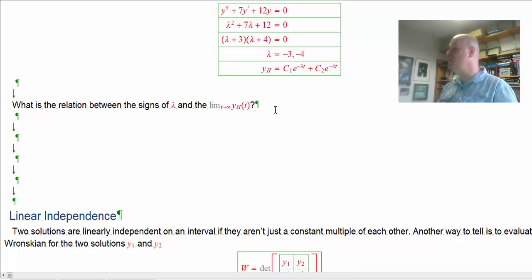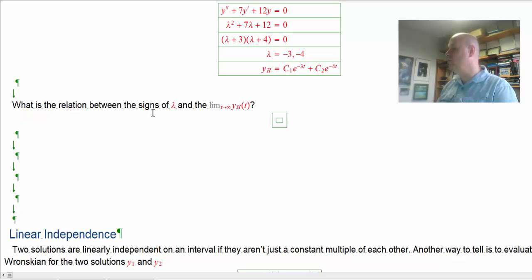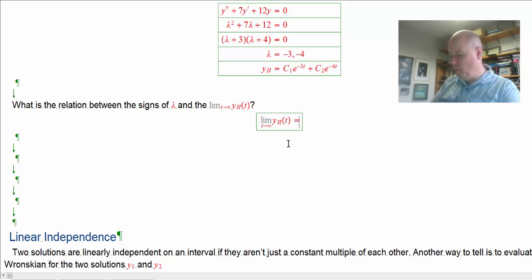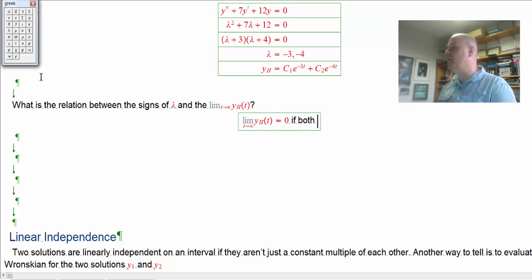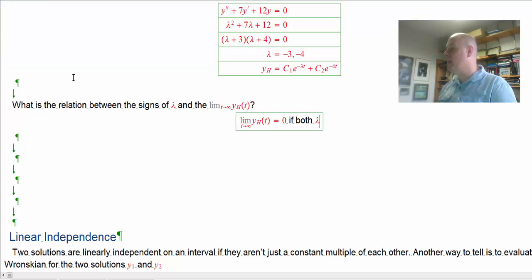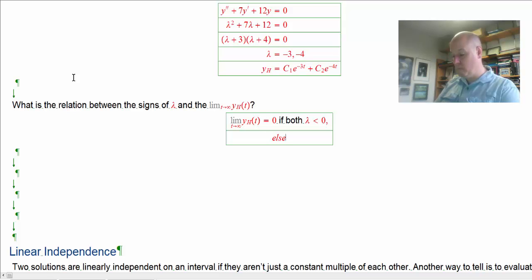So I guess what's the relationship between the signs of the eigenvalues and the limit as time goes to infinity, or what the solution eventually approaches? This is either equal to 0 if both eigenvalues are negative, or else it goes to infinity.